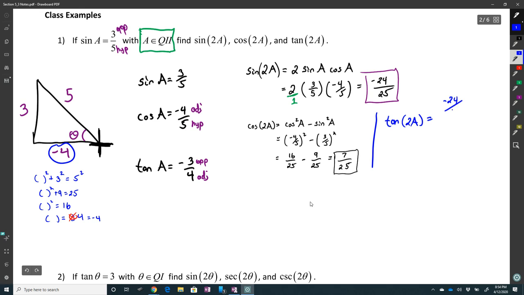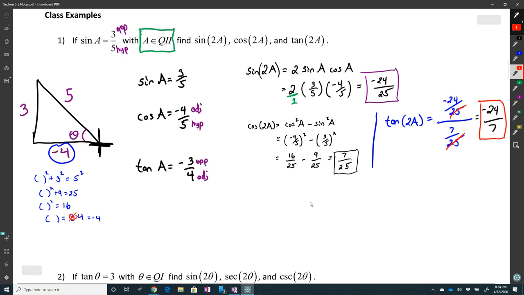Negative 24/25 divided by 7/25. The 25's cancel, and you're left with negative 24/7. And that's it.